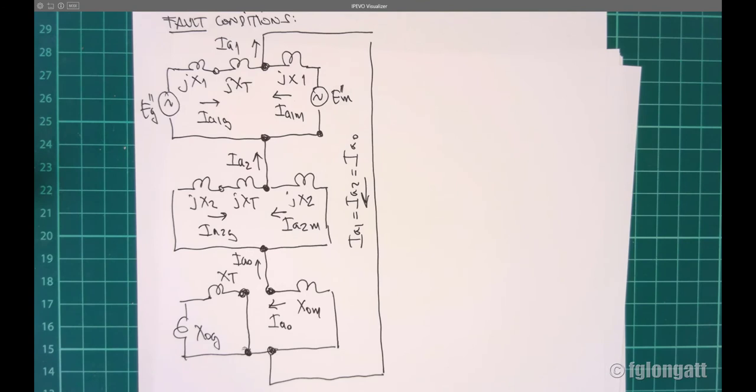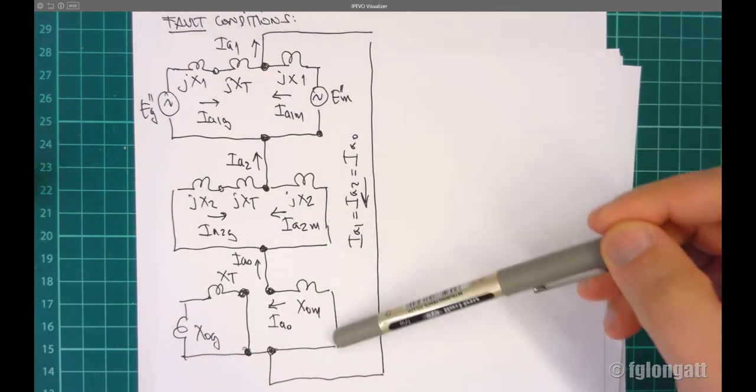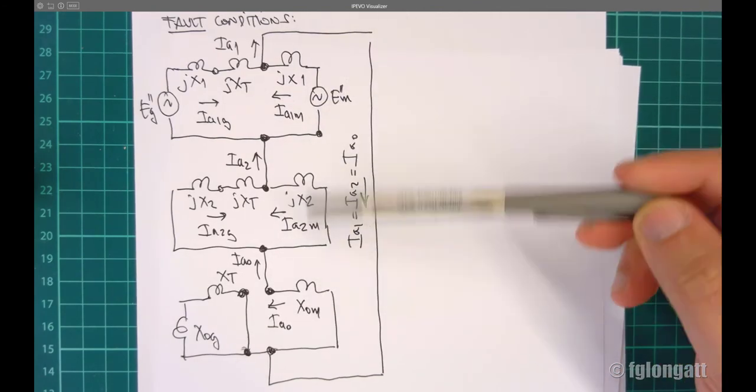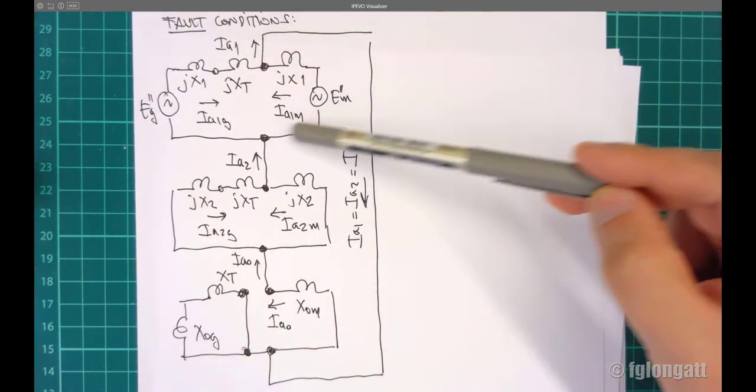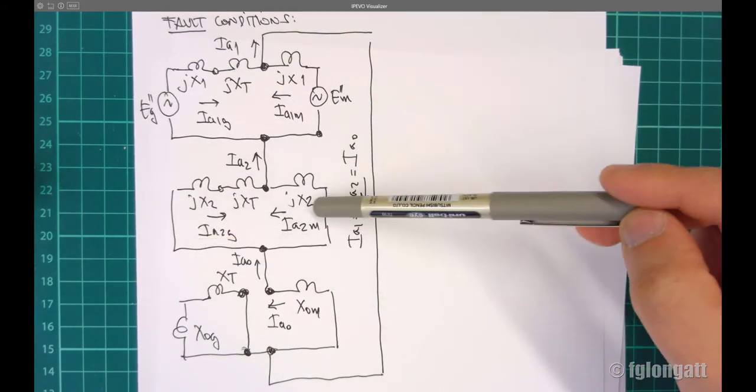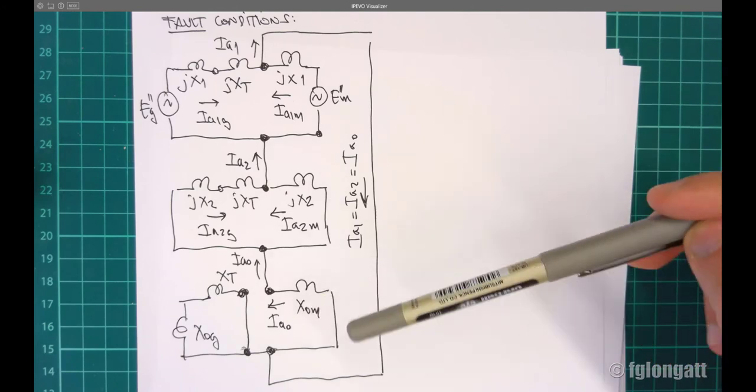Okay, now what I'm showing here is the, we already identified that this is a line to ground fault, okay? And because it's a line to ground fault, we are interconnecting the 3 sequence networks in series, okay? You can see here, this is the positive sequence network, negative sequence network, and here we have the zero sequence network, okay?